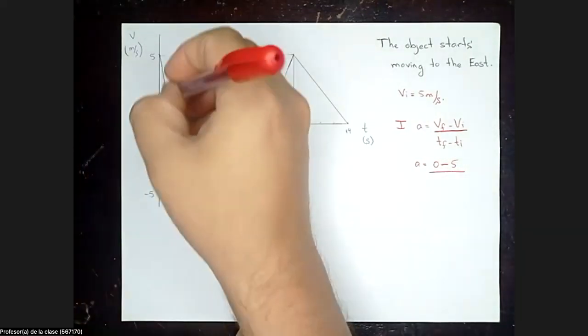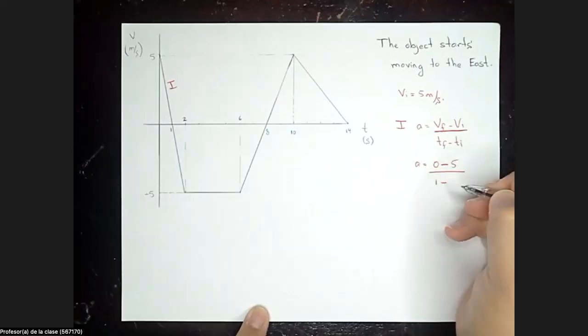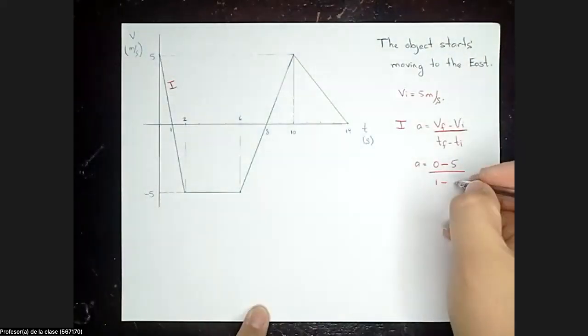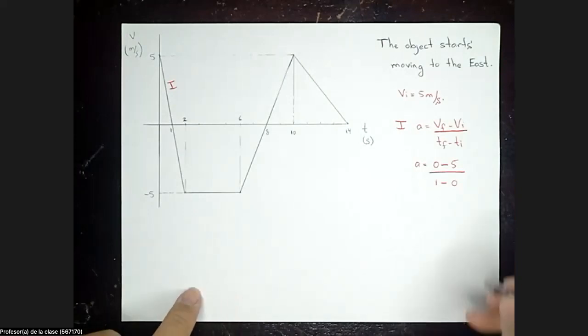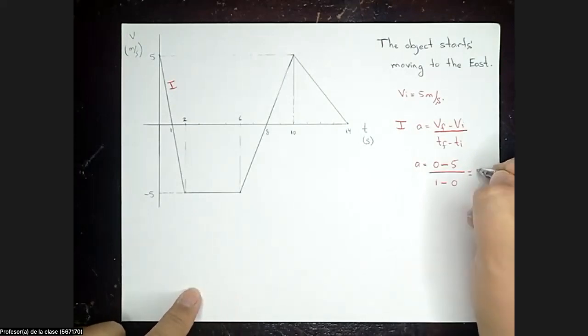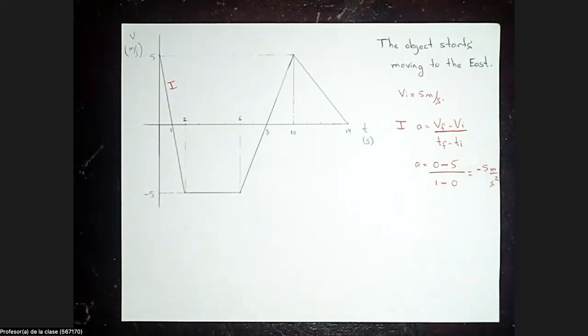The final time is 1, the initial time 0. So that's going to be minus 5 meters per square second.